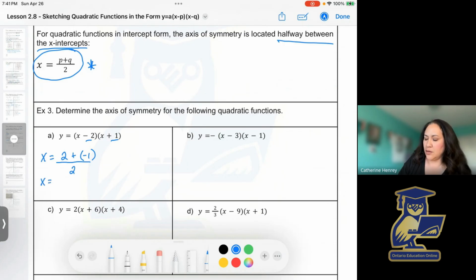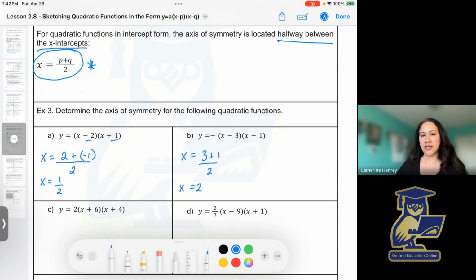Here, x equals 1/2. So that's the axis of symmetry. For b, x is going to equal 3 plus 1 all over 2. So x here is going to be 4 over 2 simplifies to 2. Our axis of symmetry is x equals 2.